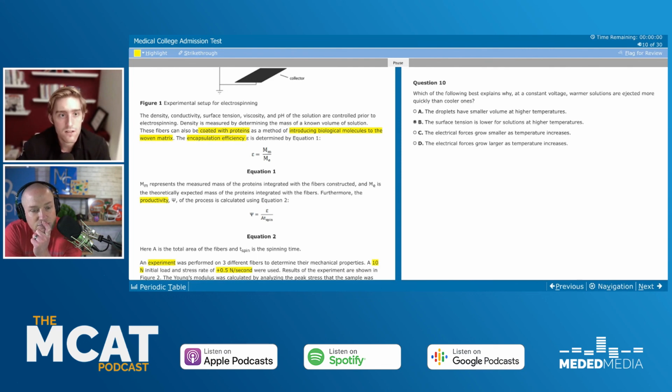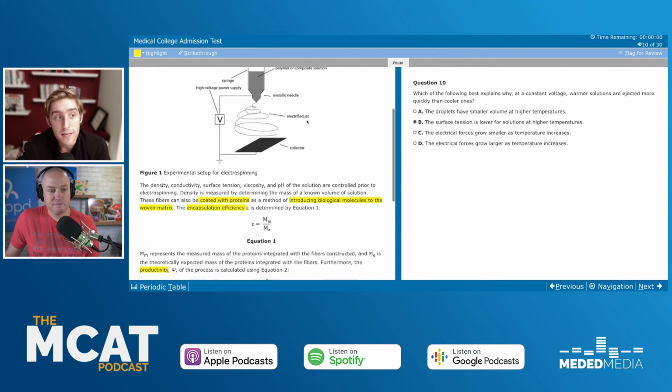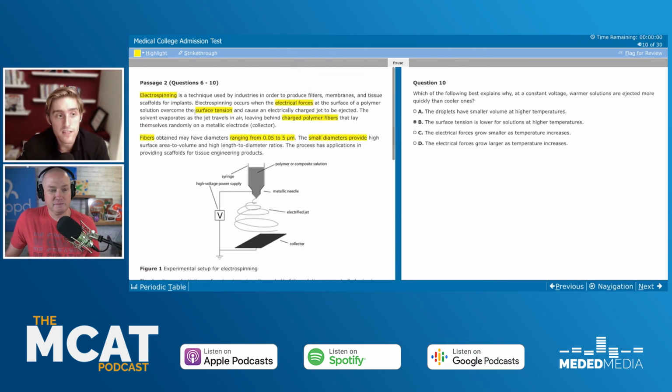And in this case, I would note in the passage that it would be possible for B to be wrong here if surface tension was just irrelevant to them being ejected. But paragraph 1 tells us that electrospinning occurs when electric forces at the surface of a polymer solution overcome the surface tension.